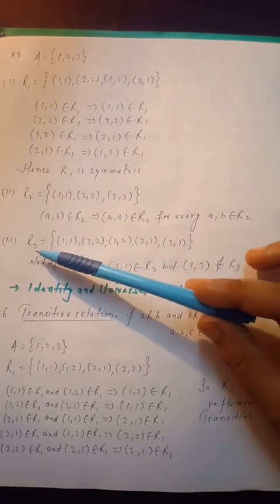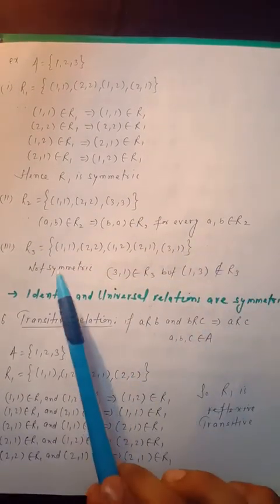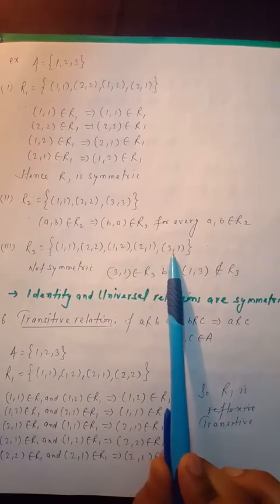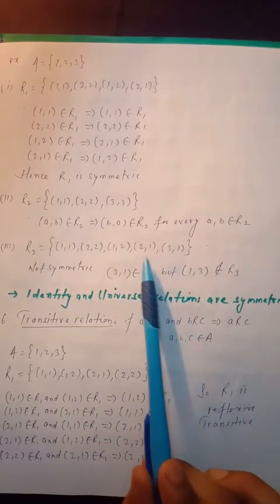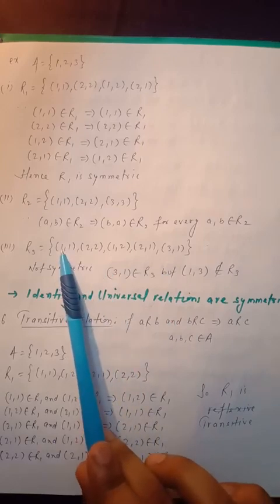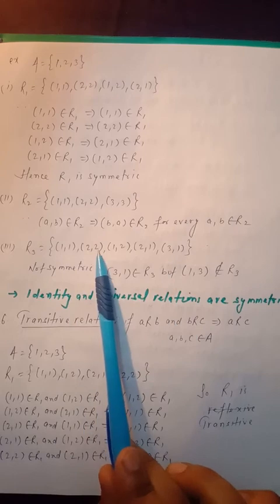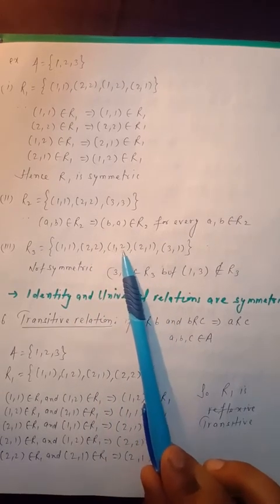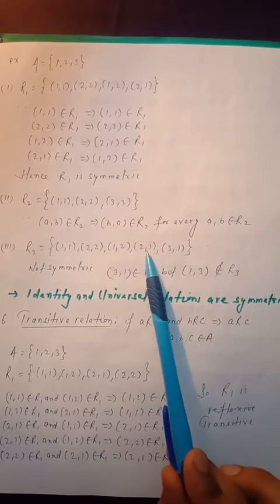Now take R3. Here in R3, (1, 1), (2, 2), (1, 2), (2, 1) and (3, 1) are present. So see it carefully. When (1, 1) is present, its reverse (1, 1) is present. With (2, 2) present, its reverse (2, 2) is already present. When (1, 2) is present in R3, (2, 1) must be present. Yes, it is present.